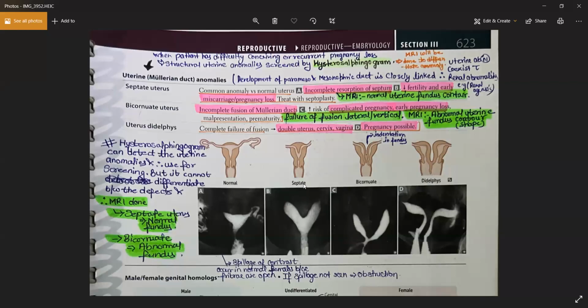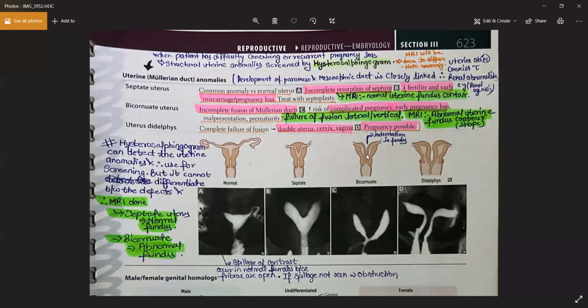See, in the septate uterus, you have a normal fundus, as you can see. It's just inside the fundus that you have a septa, because the fusion was absolutely normal, right? See, in case of the bicornuate uterus, you will have an indentation in the fundus part, because the fusion is not there at all.